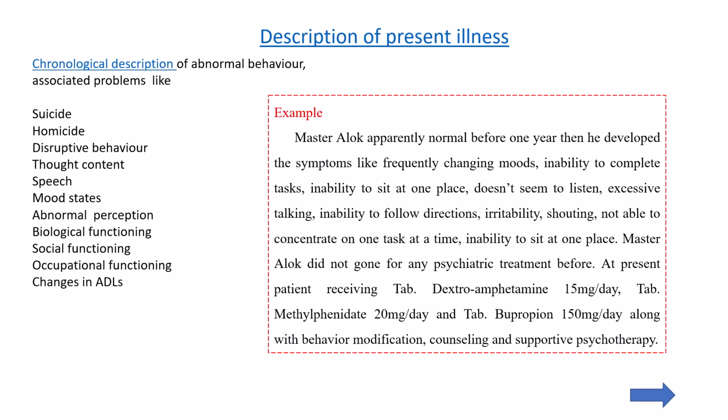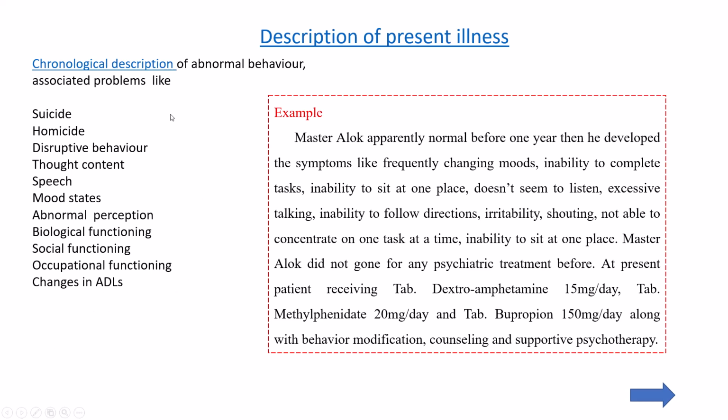Changes in activities of daily living: he is sleeping more, or getting up at 4 o'clock in the morning and disturbing everybody, not taking a bath, not brushing, not eating food correctly, or wasting it. We can find these and write them here.